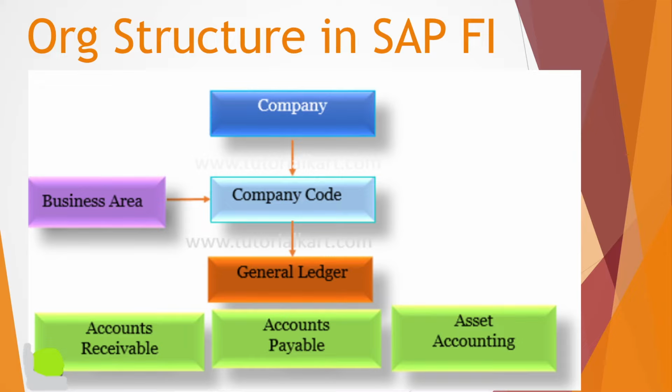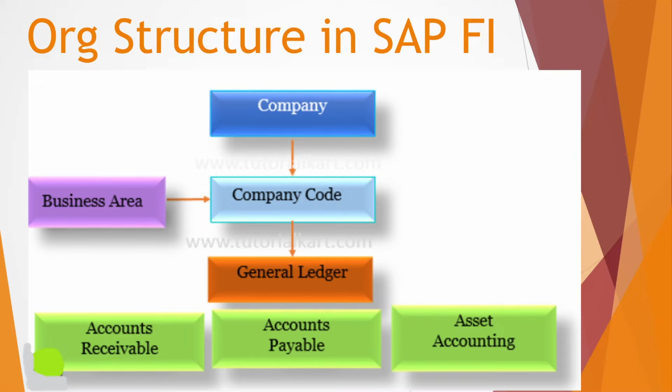Then you also have something called business area. A business area can be used by a single company code, and it can be used by multiple company codes as well. And then your company code is again assigned to your general ledger, nothing but your chart of accounts, and obviously you have all other related areas like AR, AP, asset accounting, and so on, banking.